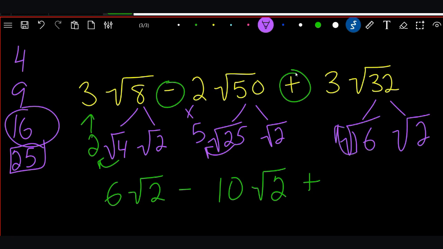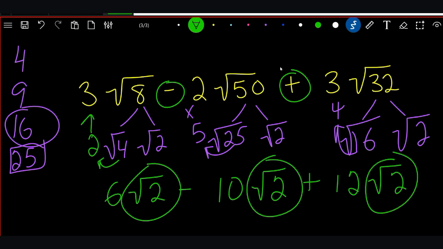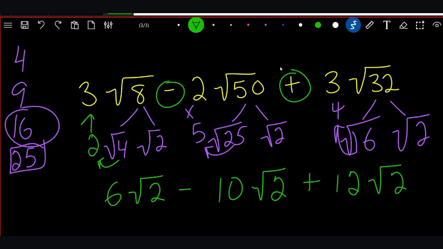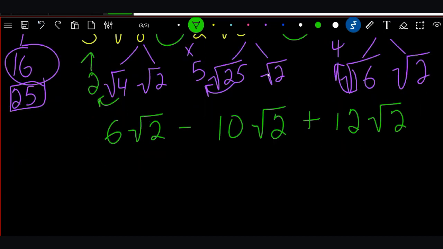So what comes out is a 4, and 4 times 3 is 12 square root of 2. Now look where we are. Square root of 2, square root of 2, square root of 2. So we use yesterday's lesson to reduce our radicals in order to give us radicals that are like radicals. And now that we have like radicals, now we can add them, subtract them, whatever we need to do.